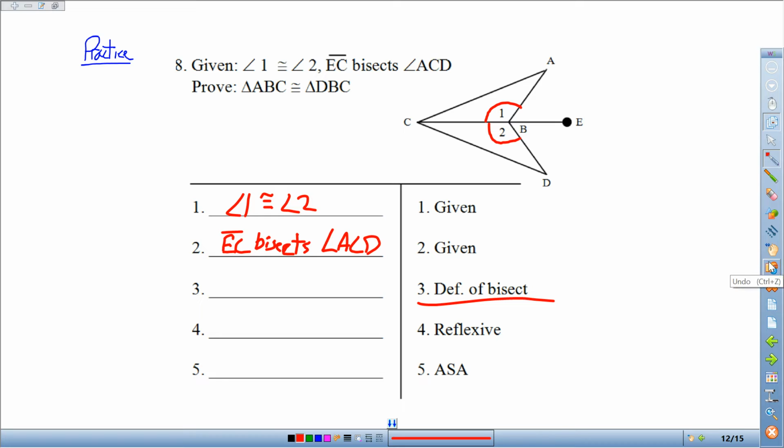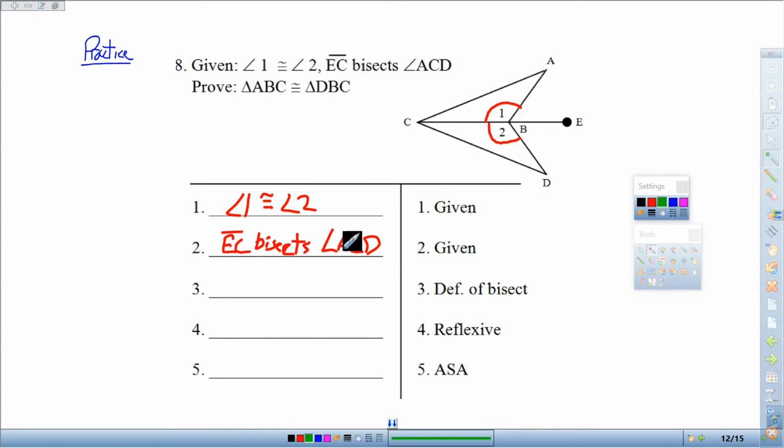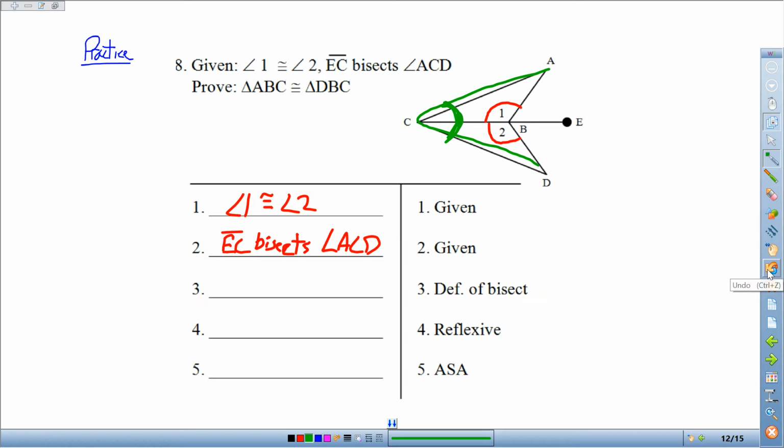Okay, so what is congruent? What is being bisected? Well, let's point it out. Angle CAD is this angle right here. Okay, and that is being bisected by EC, but I'm more worried about what is being bisected, and it's that angle. Okay, so when an angle is bisected, it's got the two congruent angles. This angle is congruent to this angle.